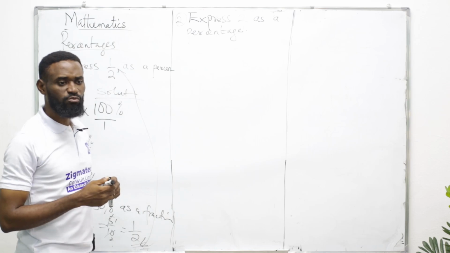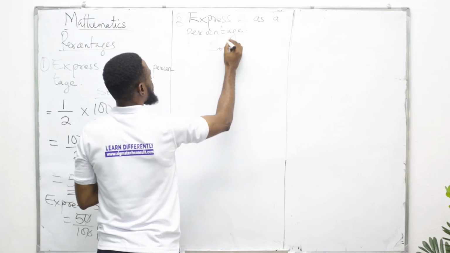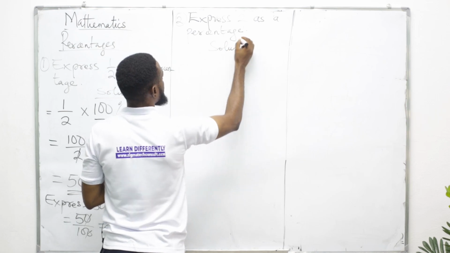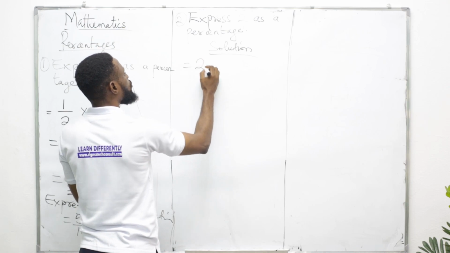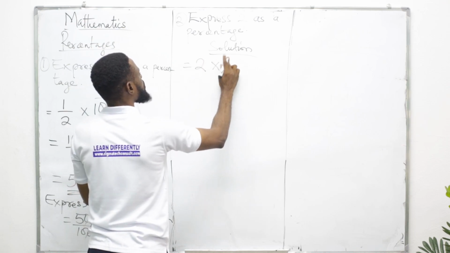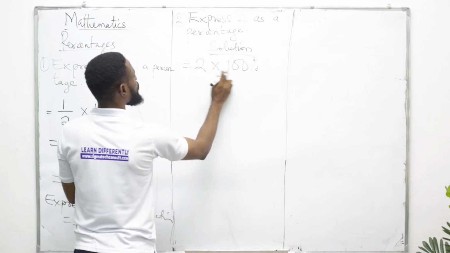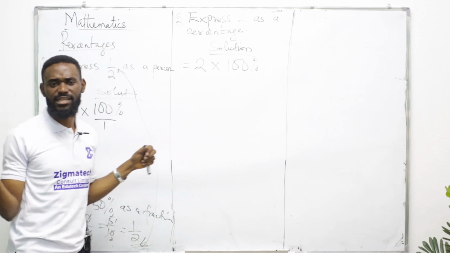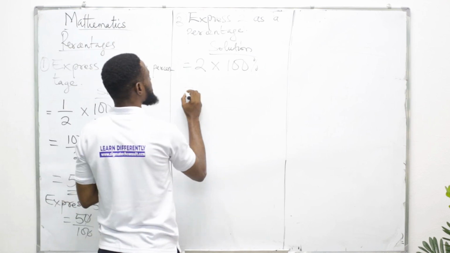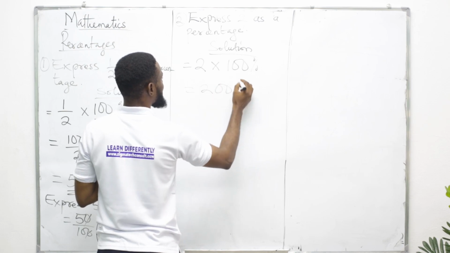So the solution: to express 2 as a percentage means 2 will be multiplied by what? 100%. Remember, 2 is not a fraction, okay? So it's just 2 times 100%. That's what it means. So 2 times 100 gives us 200%.